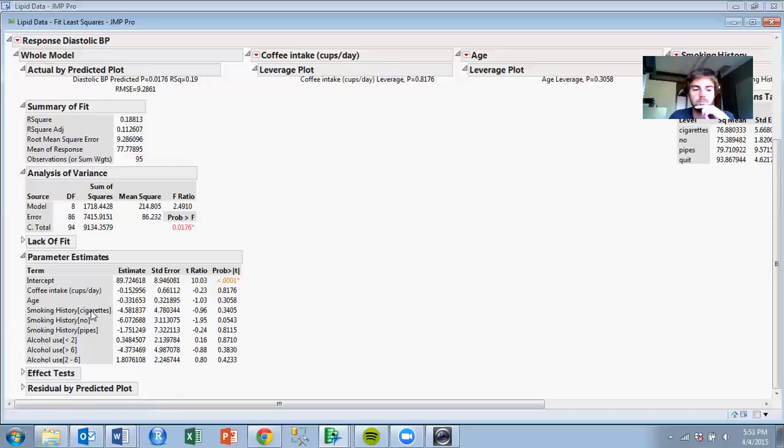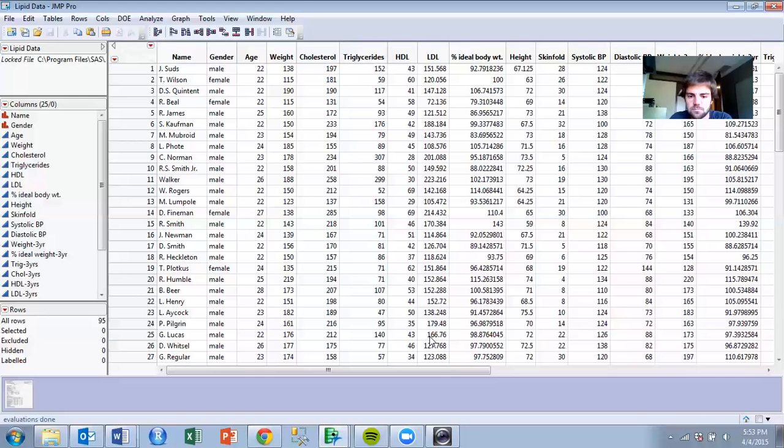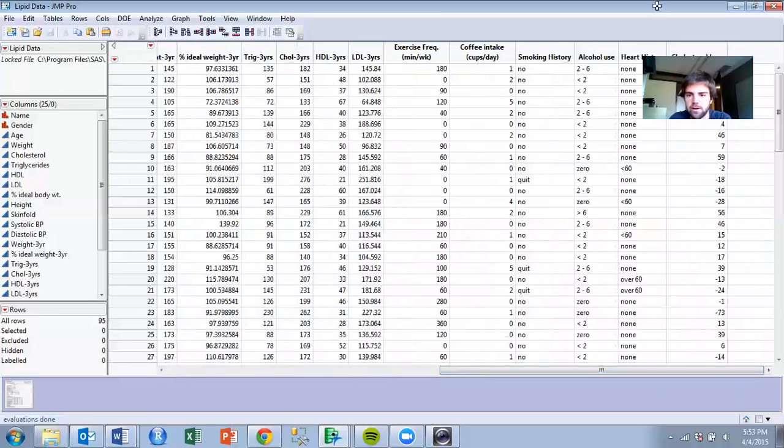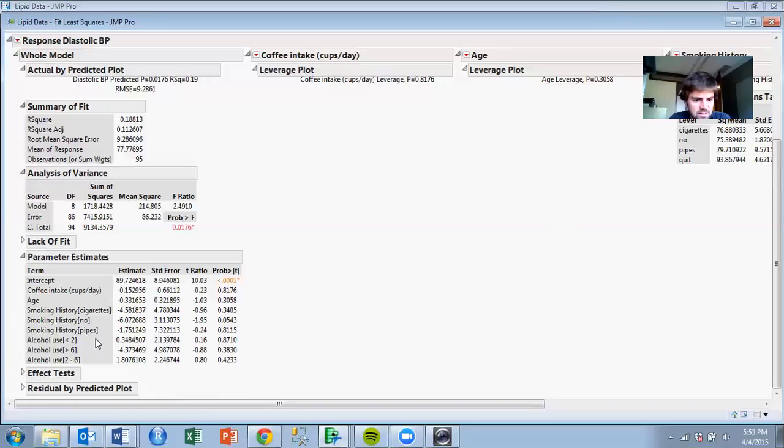So here, this is when cigarettes is 1, this is when no is 1, this is when pipes is 1, and then there's another category that has a bunch of -1s, and that's similar with this. So if we actually go and look at our data set, and we go to those categorical variables, you'll notice there's a less than 2. Yep, so less than 2 is one of the categories.